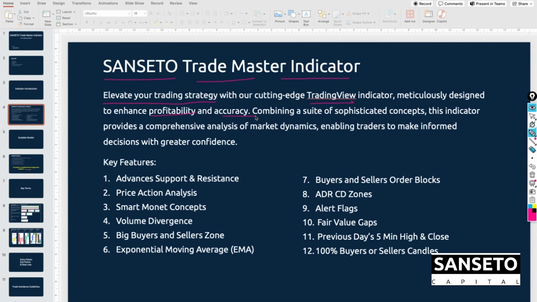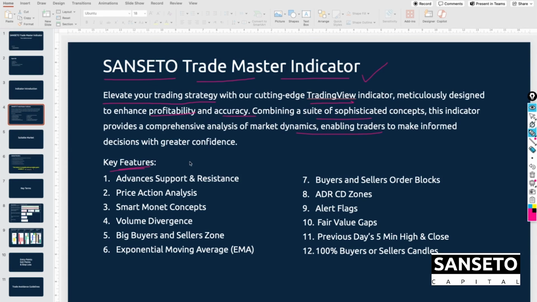If you're trading on your own, our indicator really helps you in enhancing your profitability. After a lot of market research, going through different types of indicators, different concepts, and different market dynamics, we combined everything together and created this indicator.